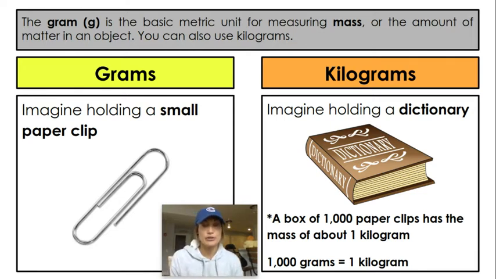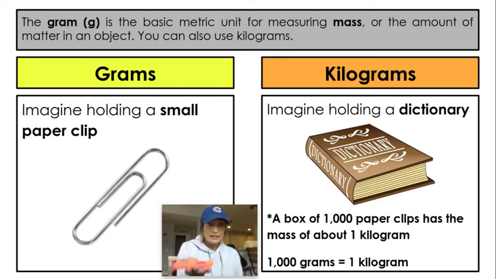So boys and girls, when you are measuring mass and need to use grams or kilograms, you want to think: if it's a lighter object without a lot of mass, you're going to use grams to measure. If it's a bigger, heavier object, you're going to want to use kilograms. For example, I don't know the exact mass of my glasses, but I would probably say this is about 5 grams.